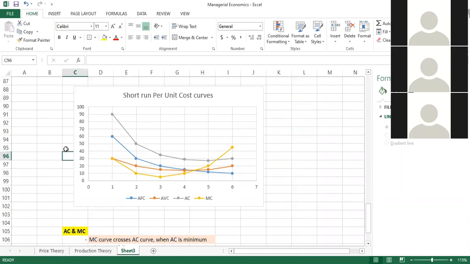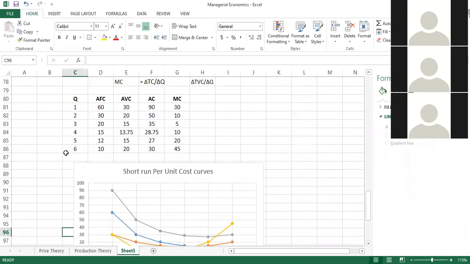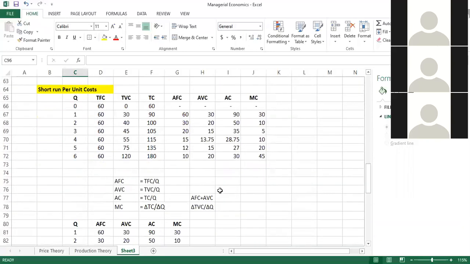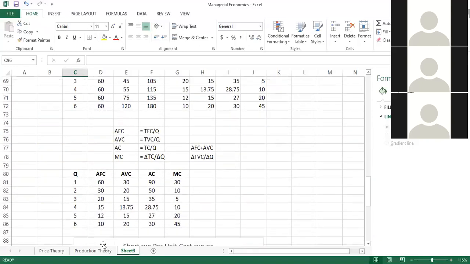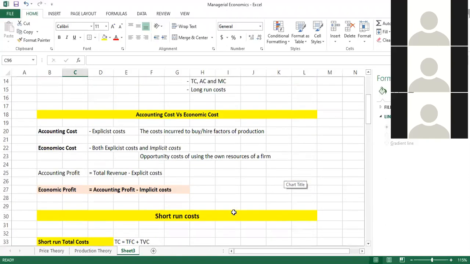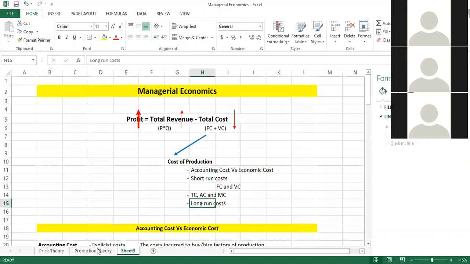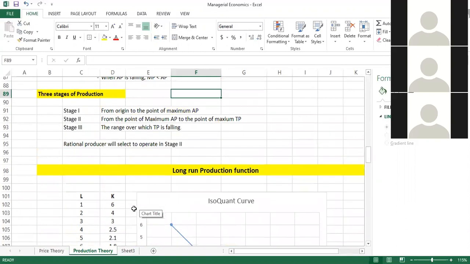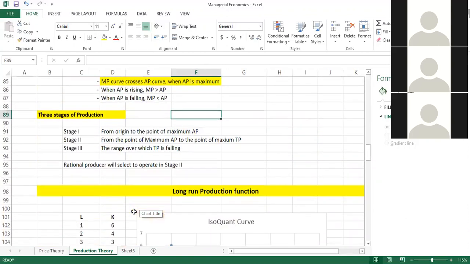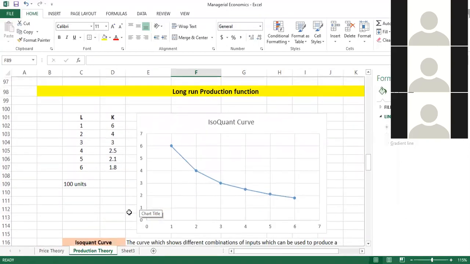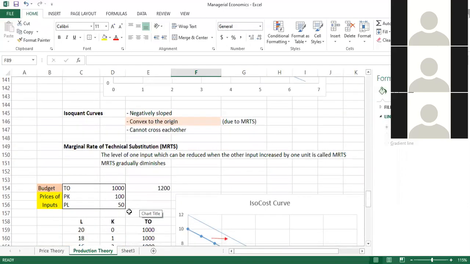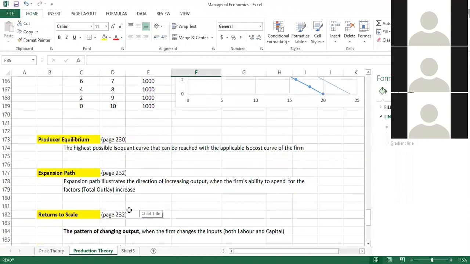Okay. So here, actually, I think only long run cost curves we have to discuss under this cost of production, right? Only long run cost, because today these production concepts. So we discussed a number of production concepts: isoquant curve, isocost curve, equilibrium, expansion path, and returns to scale.